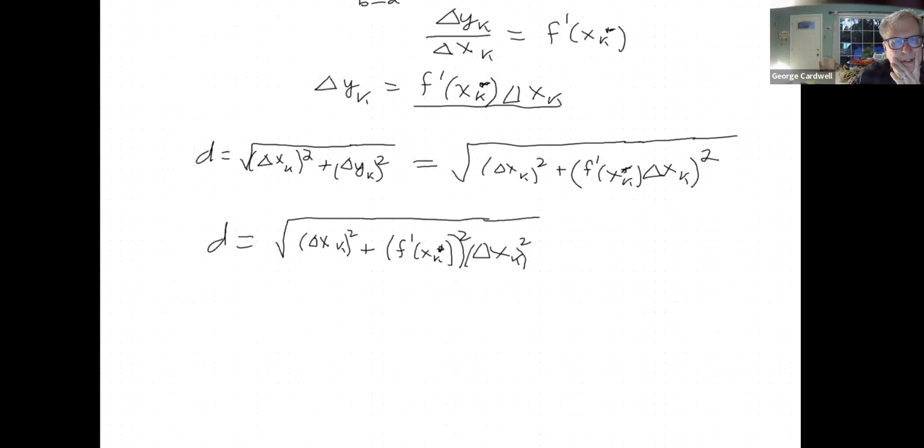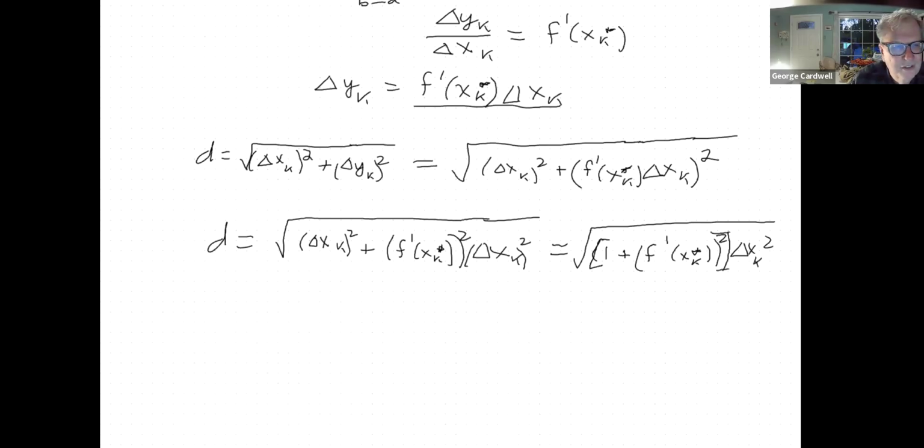So notice now I can rewrite the distance as, what I'm going to do is factor out delta xk squared from both of these terms, which means inside I'd have a 1, then I would have f prime xk star squared. I'll put square brackets like that, so sometimes that makes it clearer.